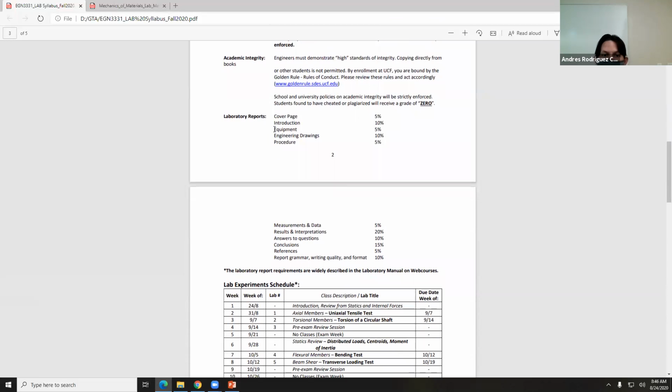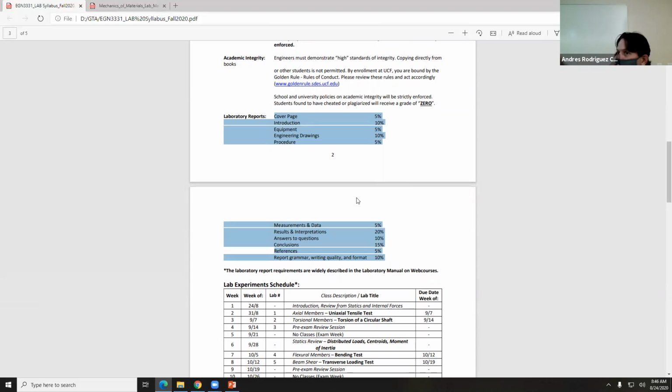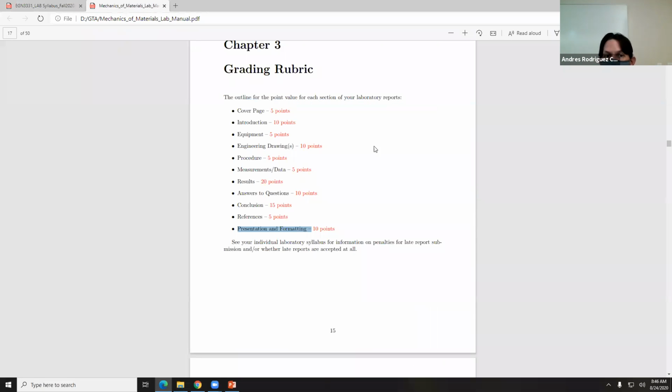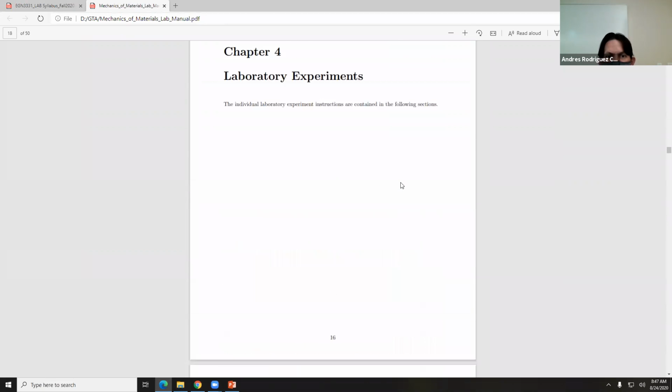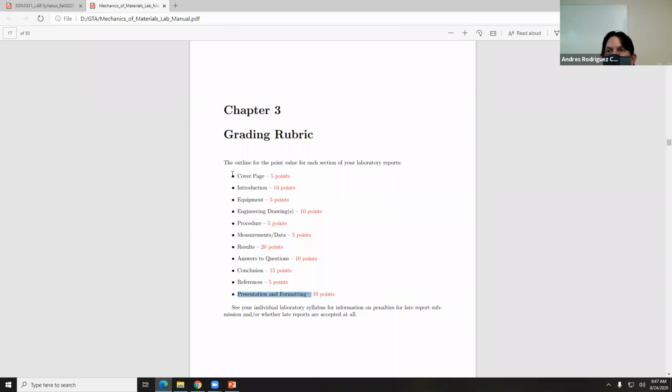So the laboratory reports are going to have these special chapters. These chapters are explained in detail in the laboratory manual that we already have right now in the web courses. I already posted it yesterday at the end of the night, and you have access to this manual that is around 50 pages, I think. It is very detailed, but right now we are going to focus on this part. It's the same table that we already have, so we are not going to change the values between the syllabus and the manual.